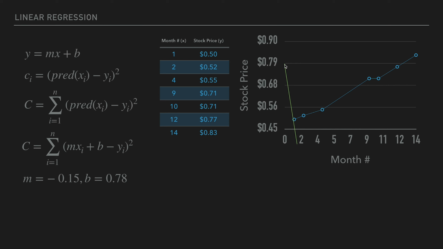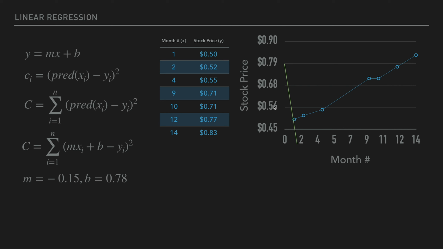If we build the line for this particular function, now we have minus 0.15 times x plus 0.78, and this is the line that we have created. Obviously this line is not representing the data very well, so we want to adjust the m and b values so that this line could more accurately represent the data. This is what linear regression is all about.